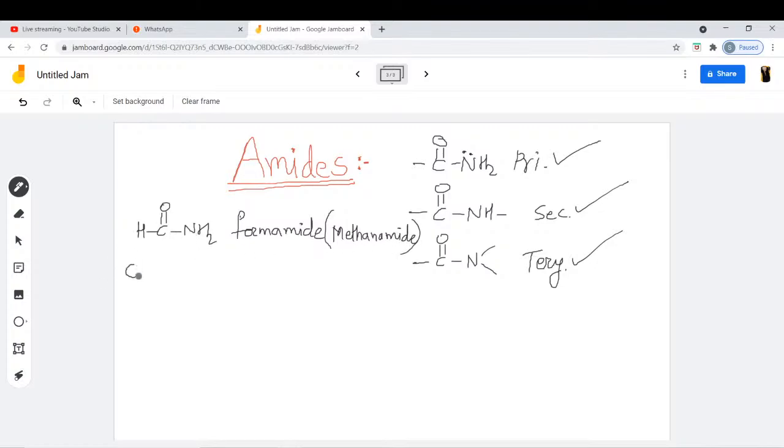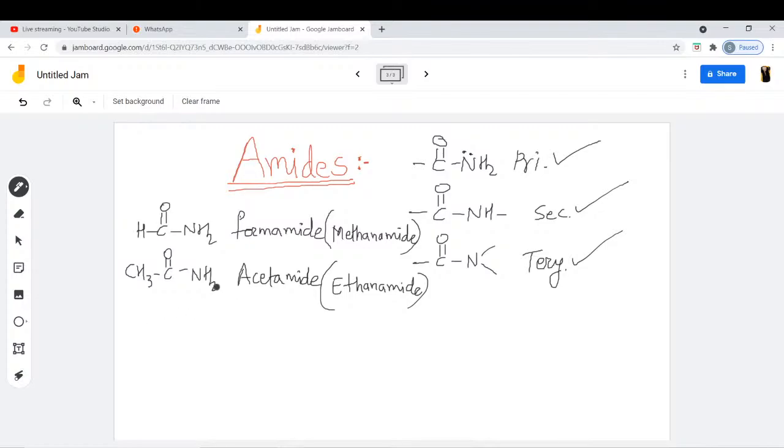Next, if two carbons are there, CH3 C double bond O NH2, it will be acetamide, which is also called ethanamide. Next, propanamide. The names are the same way: propanamide, butanamide, pentanamide.